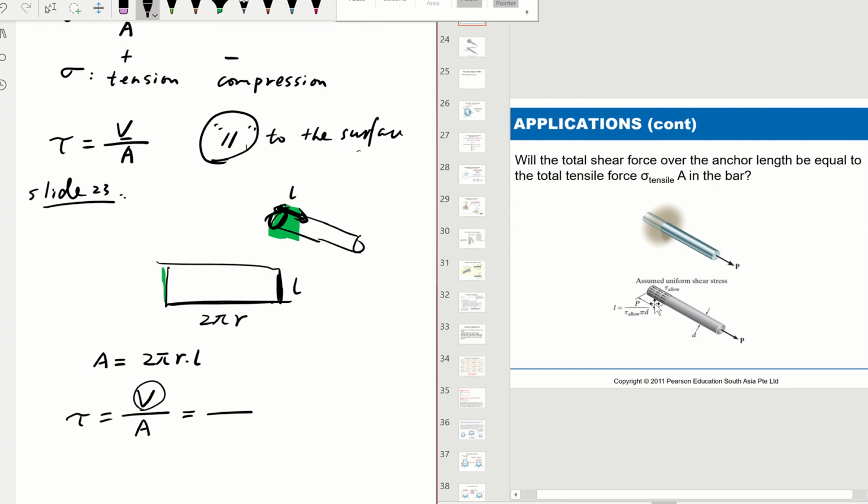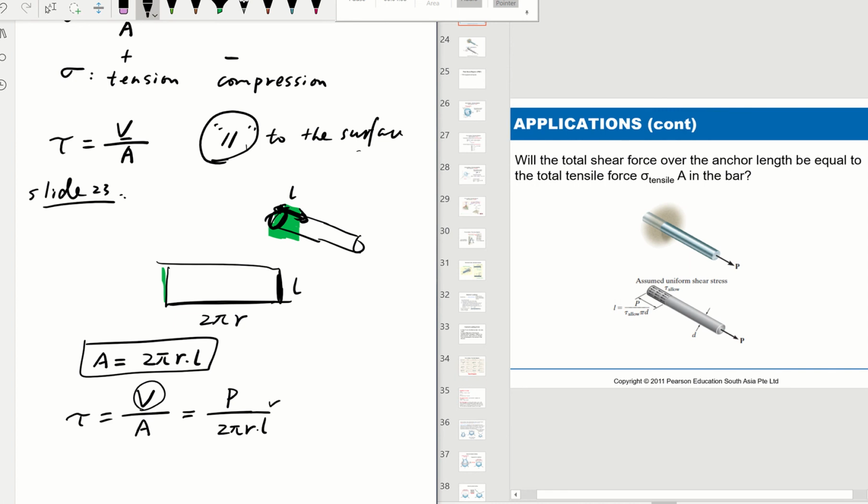All of them together balance this external force P, so all of them together are equal to P. All those forces surround the cylinder surface area you calculated, which is 2 pi RL.